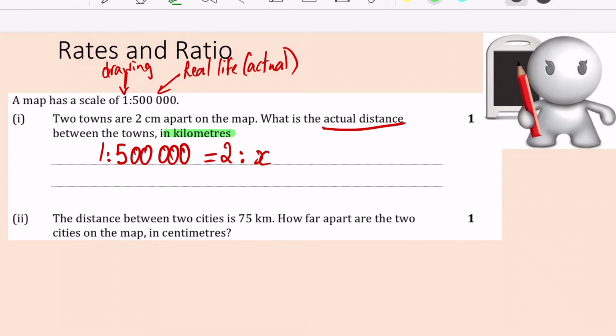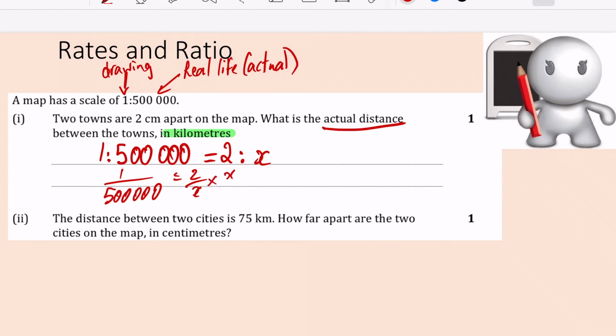So, staying consistent, I've got 1 over 500,000 equals 2 over x.